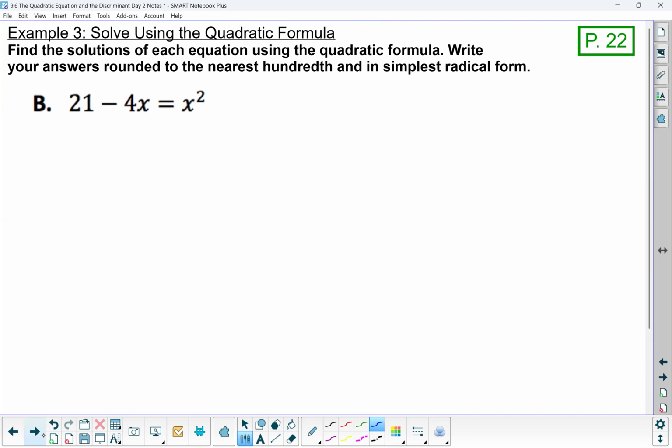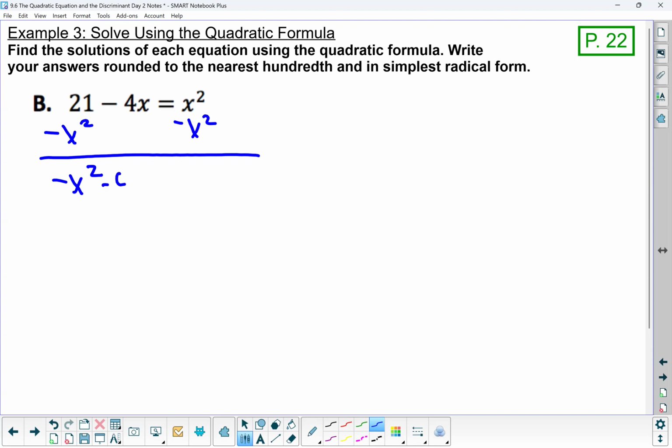21 minus 4x equals x squared. You have a couple of choices. We need to write this in standard form so it's equal to 0. One way you can do that is subtract the x squared from both sides. And what I would choose to do then is write it in standard form.